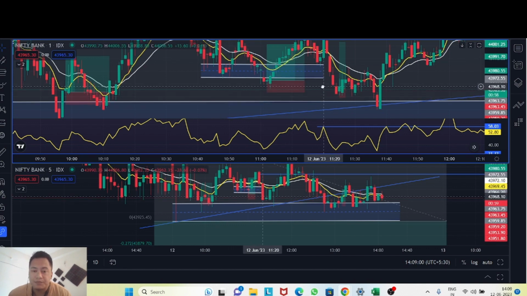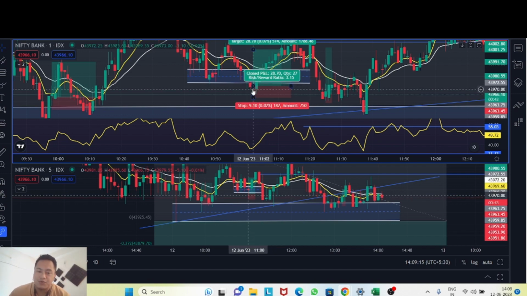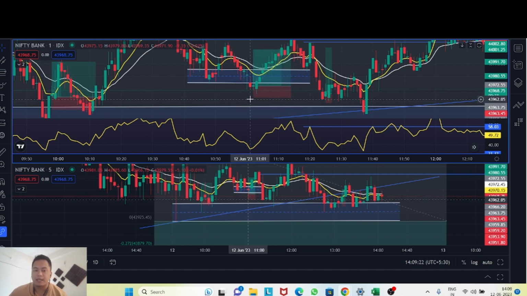I would say that because I always keep an SL of 5 points. So the market can only go 5 points down from the entry point that I executed at this time. So yeah, always my SLs are very tight. However, I kept an SL of 7 points on this one.